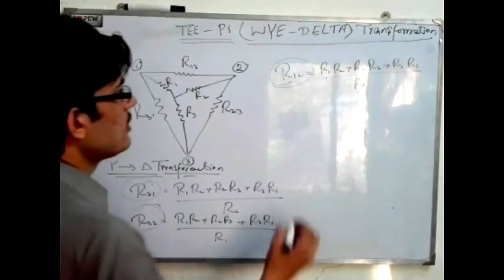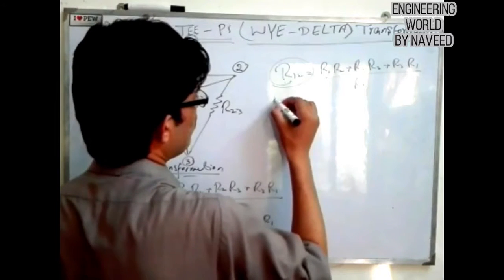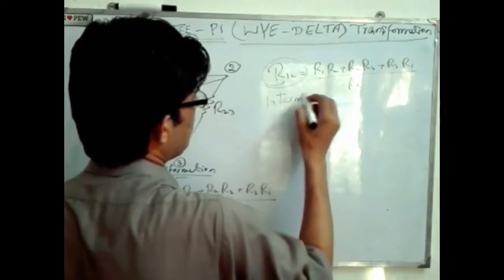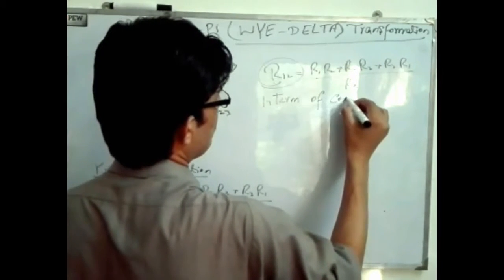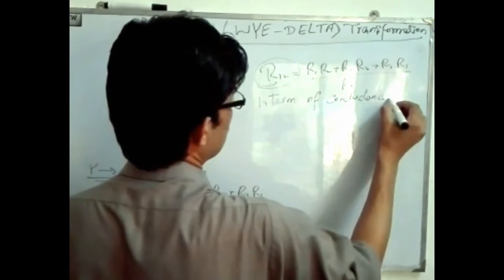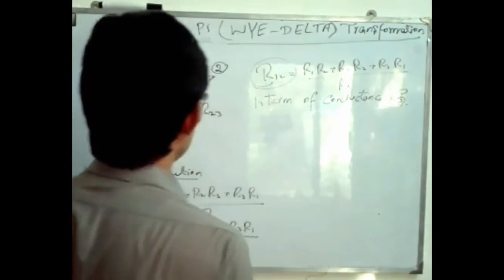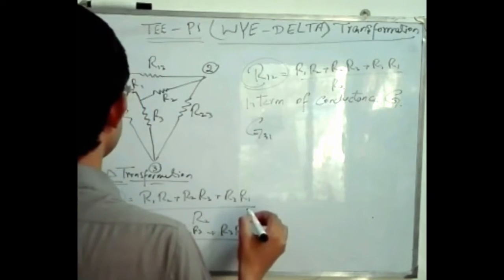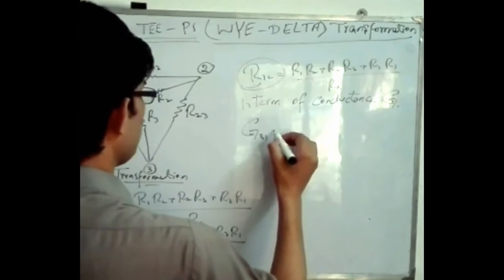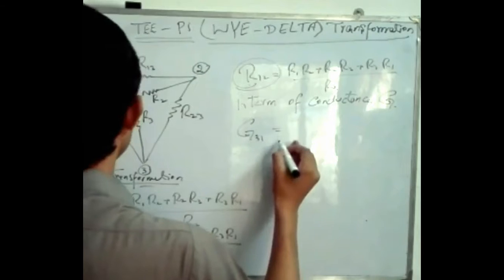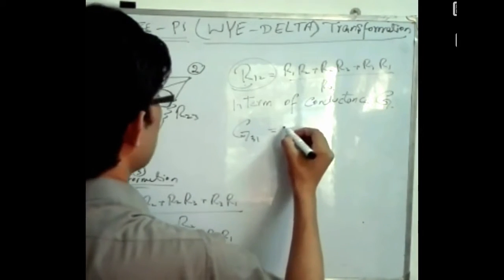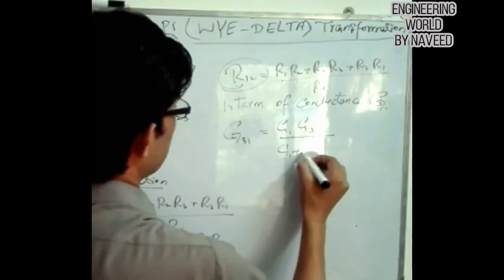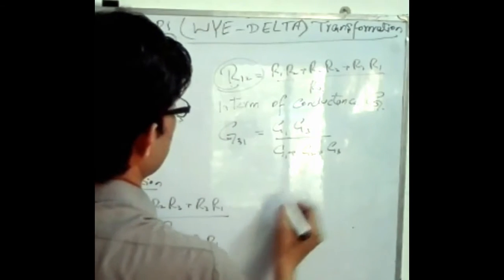Now let's write it in terms of conductance. So in conductance, G31 will be equal to G1 G3 divided by G1 plus G2 plus G3.